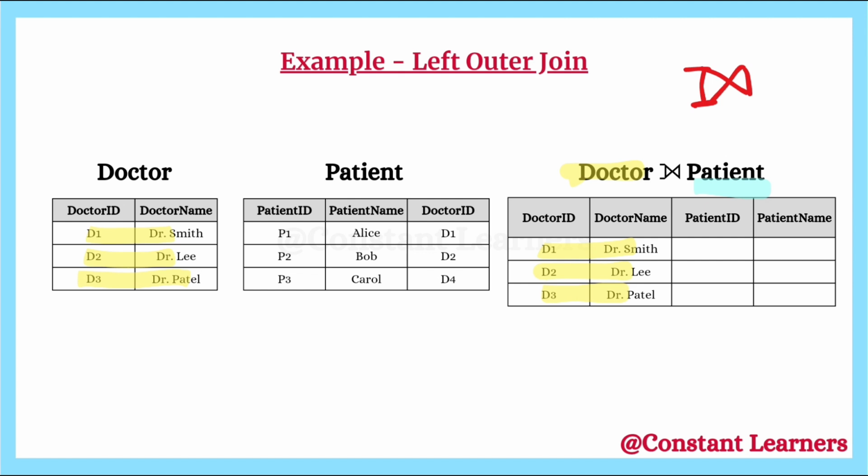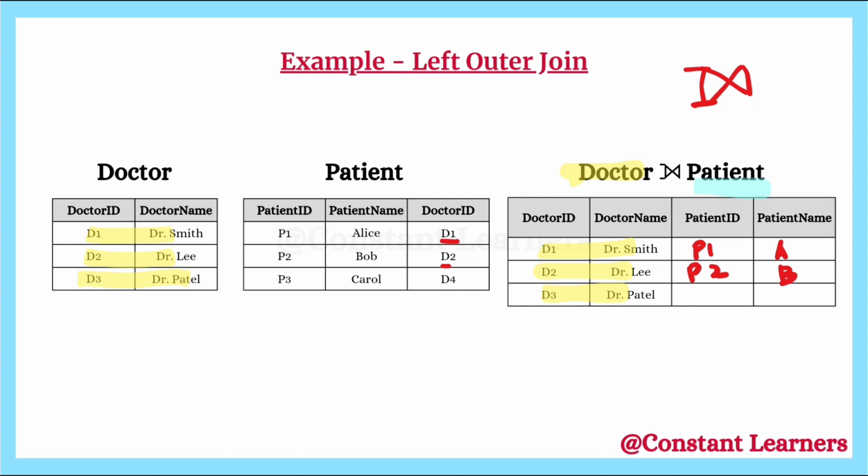Alright, let's see how. See here for Dr. D1, we have patient P1 Alice. So here we will get P1 and here Alice. I'm writing in short A. Okay. Then for Dr. D2 here we have patient P2 Bob. So for D2 we will write P2 and the patient is Bob.